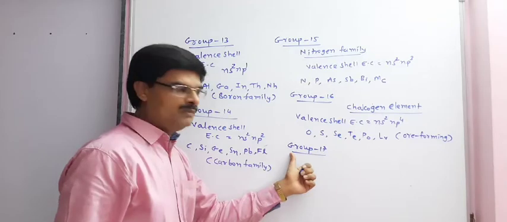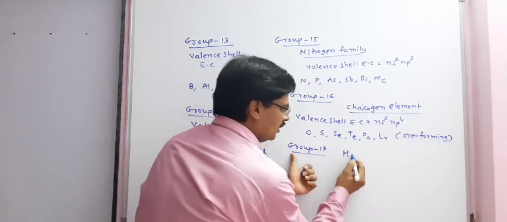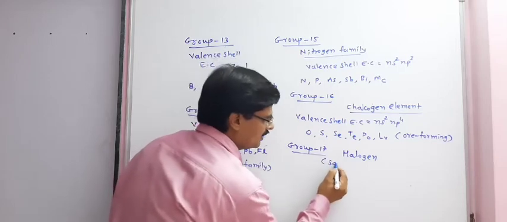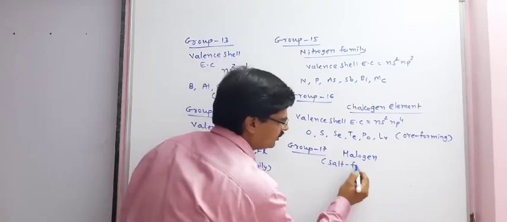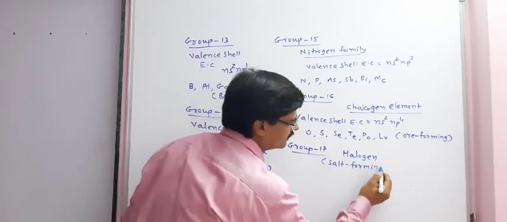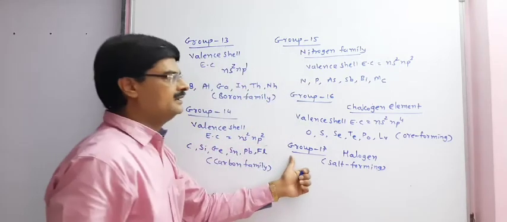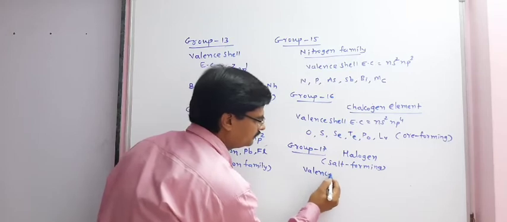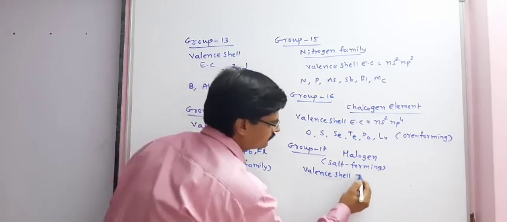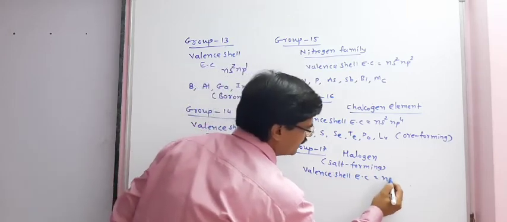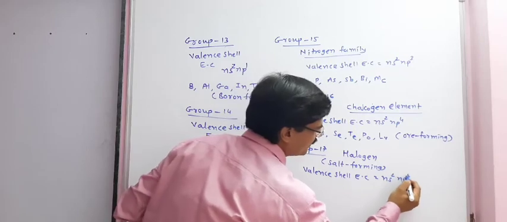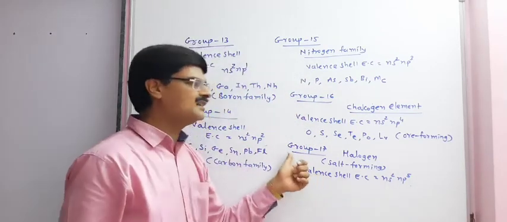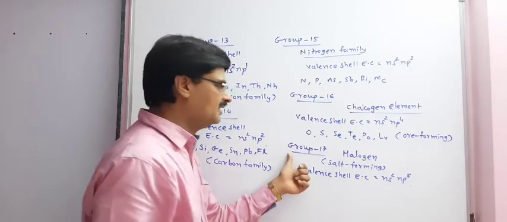In the same way, group number 17 elements are known as halogens, also known as salt forming, and the valence shell electronic configuration is ns2 np5, meaning there are 7 electrons present in the valence shell of elements of group number 17.